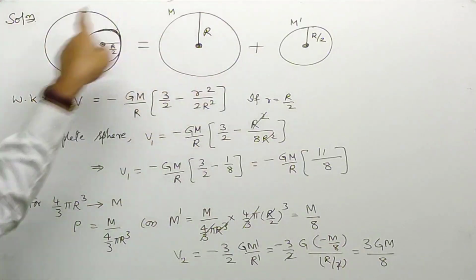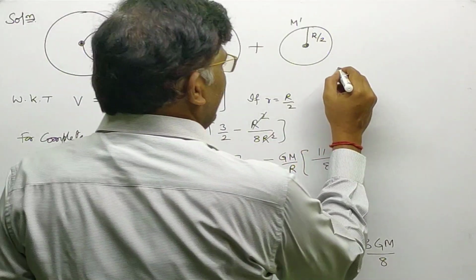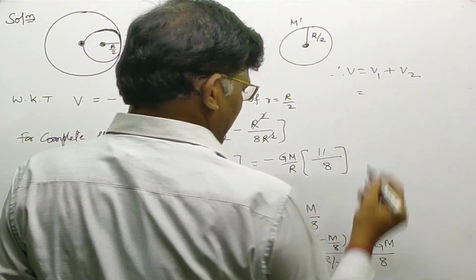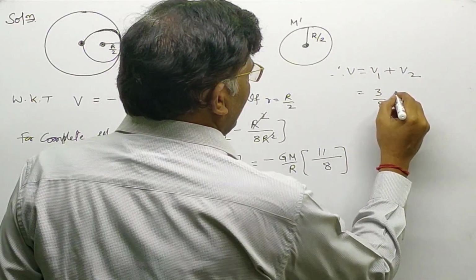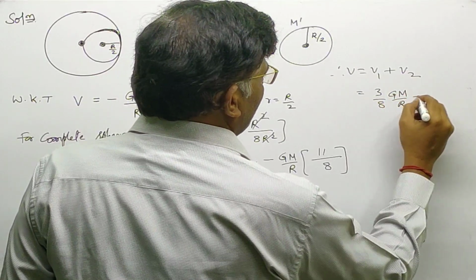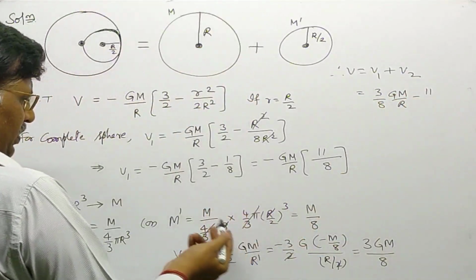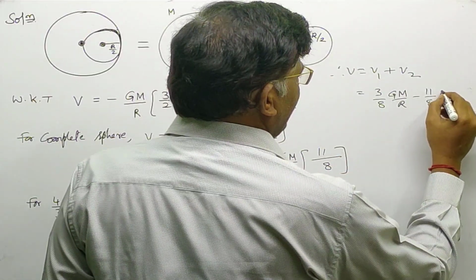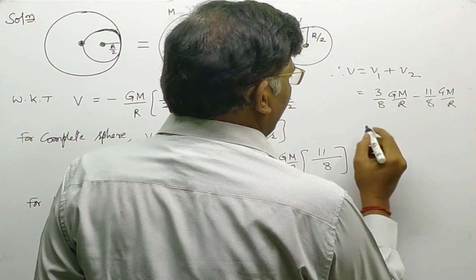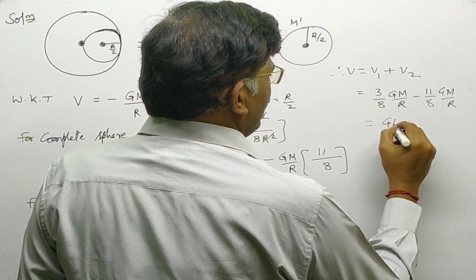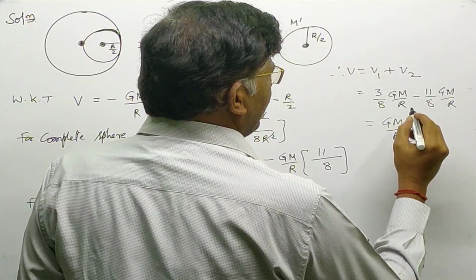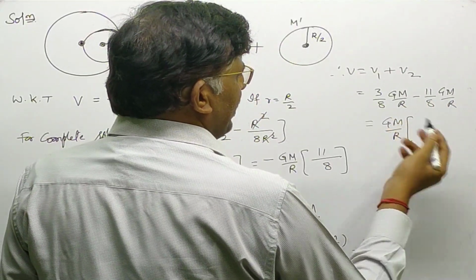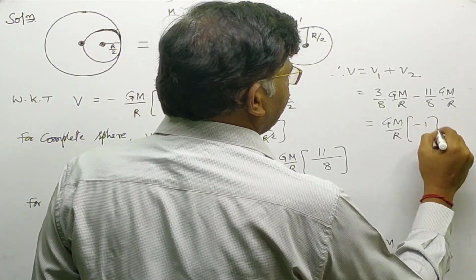Now the net potential V is equal to V1 plus V2, that is equal to 3/8 GM by R minus 11/8 GM by R. So GM by R is taken as common: 3 minus 11 is minus 8, minus 8 by 8, so minus 1.